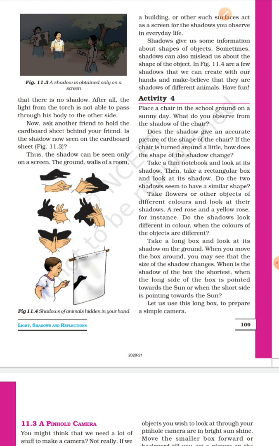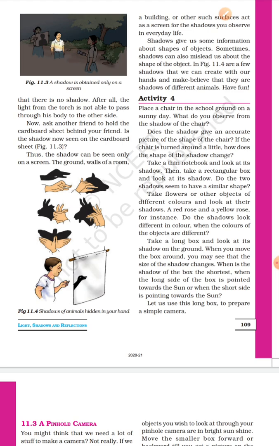Then take a thin notebook and look at its shadow. Then take a rectangular box and look at its shadow. Do the two shadows seem to have a similar shape? Now you can do this with flowers or other objects of different colors and look at their shadows, a red rose and a yellow rose. This is also a very important point. If you are taking a red rose, what kind of shadow do you find?